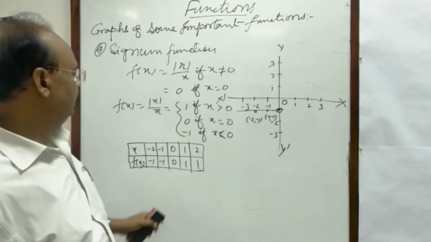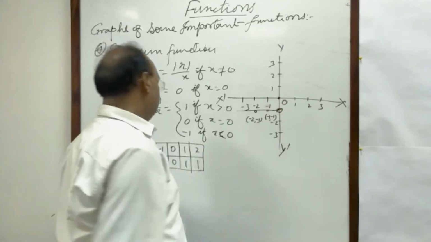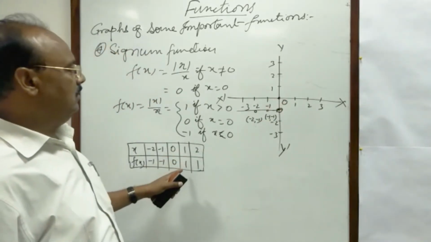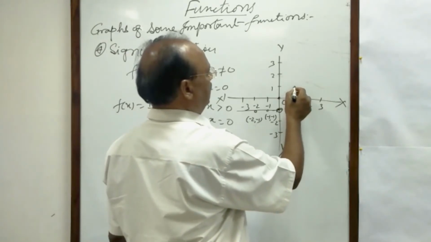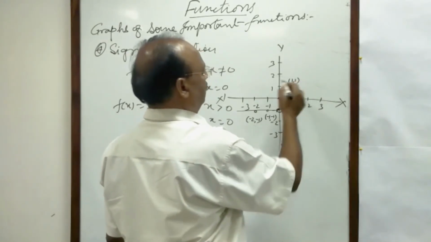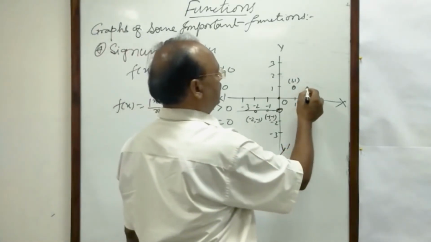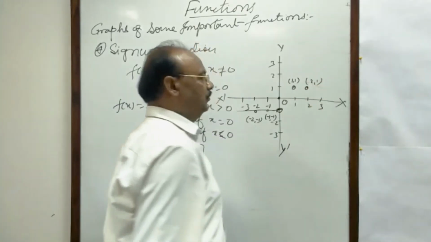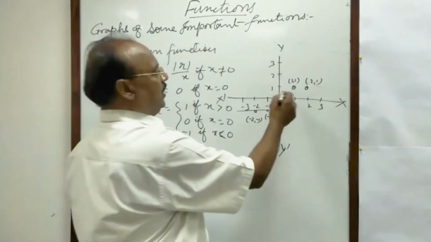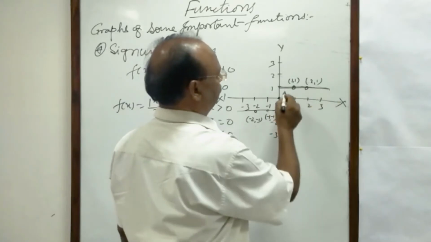And secondly, (0, 0) is one point simply here, and (1, 1), where x is 1, y is 1. The point is here (1, 1) and (2, 1). When x is 2, y is 1. So the point is (2, 1). After joining these points, we will get a graph like this.